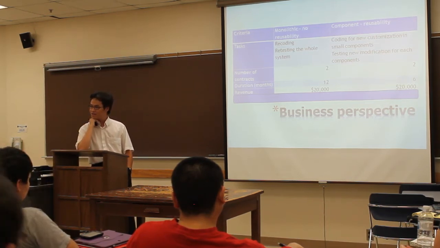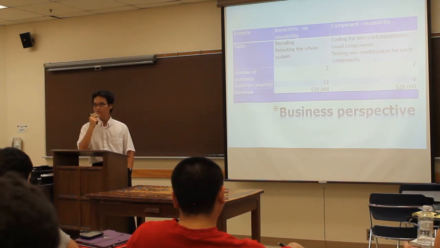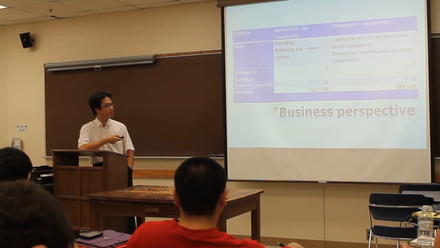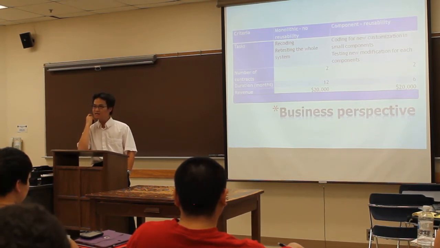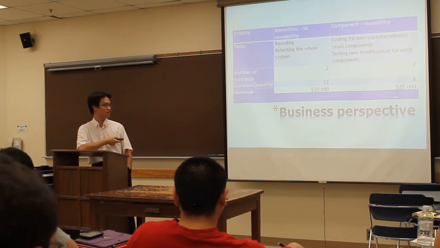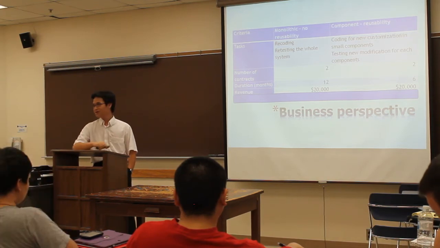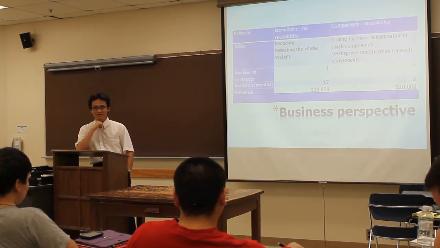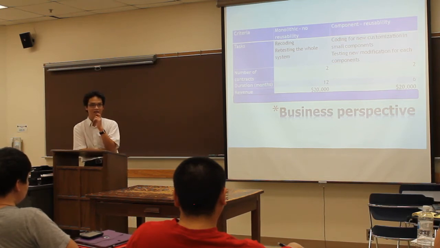You can divide your team into 2 smaller teams with small modifications, and those teams run simultaneously. And you can finish the 2 contracts in 6 months. Can anyone tell me what is the difference here? What's the difference between the 2 methods that we're looking at?